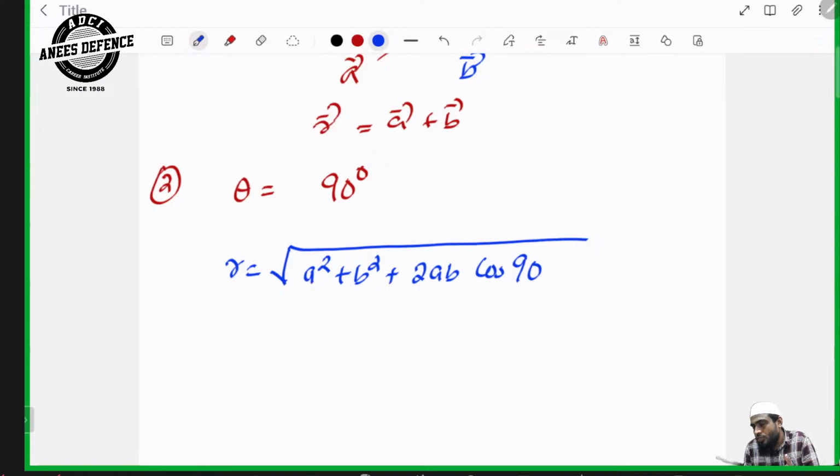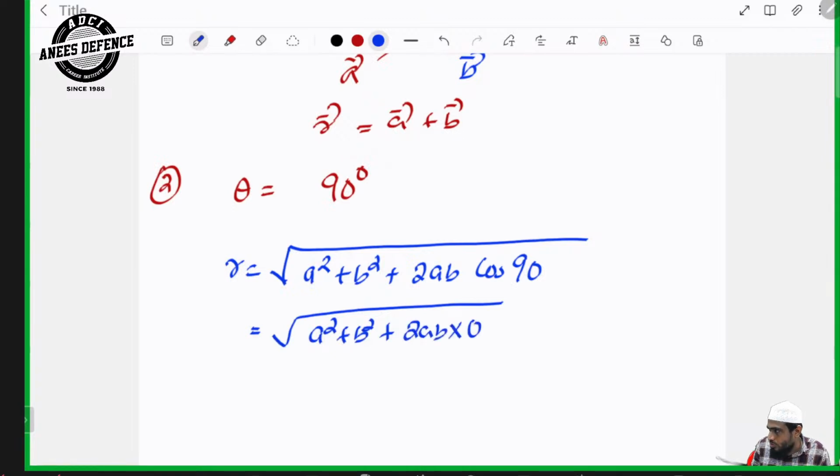Cos 90? 0. Okay. So you can write A square plus B square plus 2AB into 0. That means this term will become 0. So remaining A square plus B square.